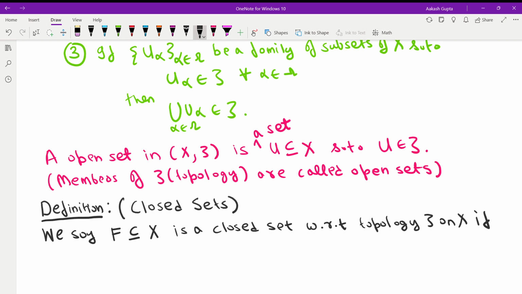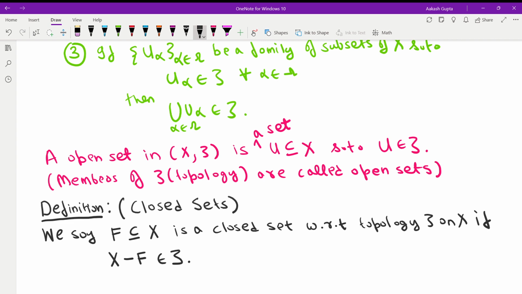X minus F. What is X minus F? You are removing points of F from X, or in other words, the complement. So this complement should be in tau. This is also motivated from the definition of closed sets in metric spaces.